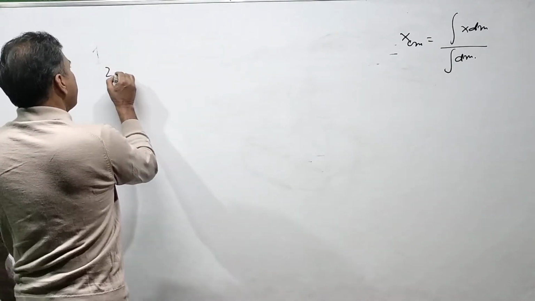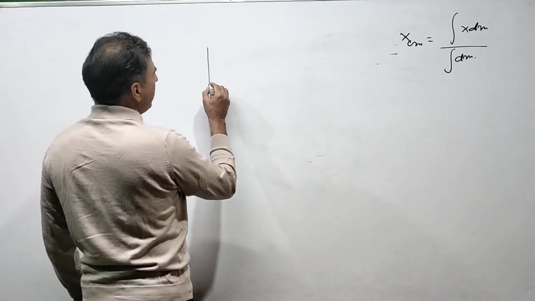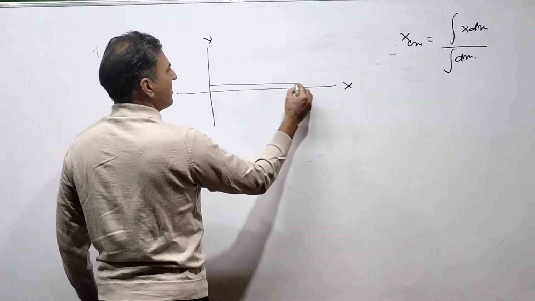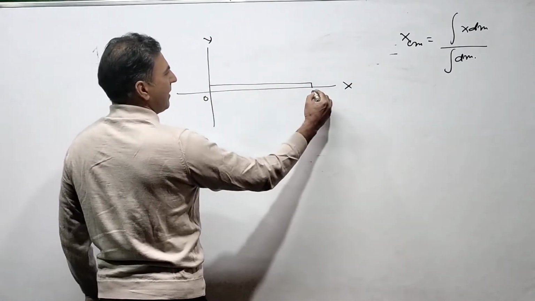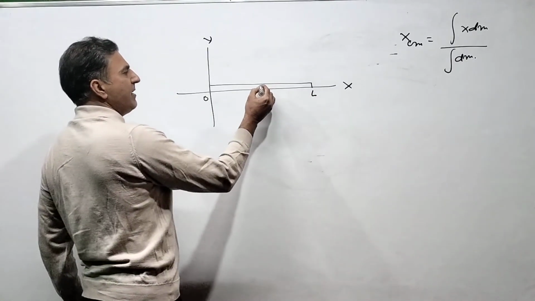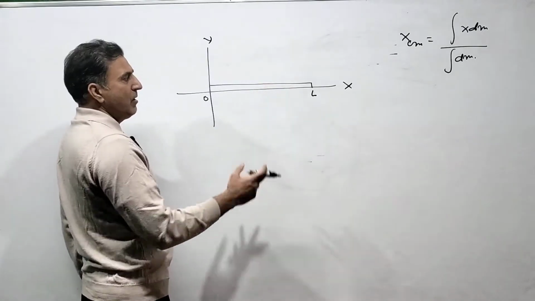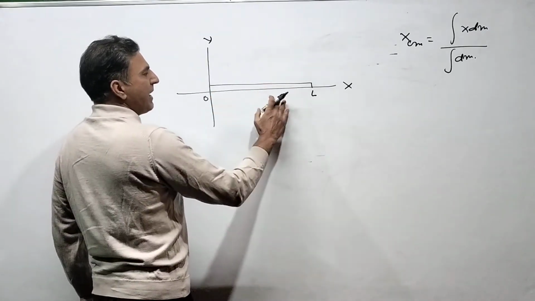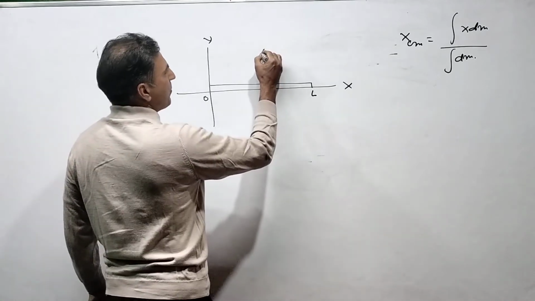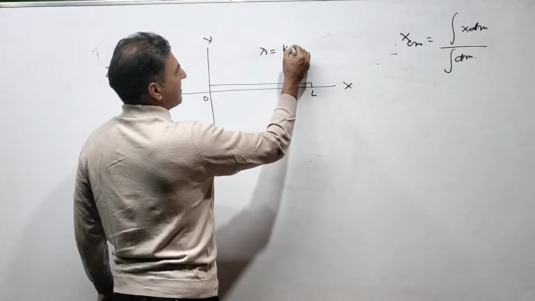Okay. Second, this is a rod, with an x coordinate and a y coordinate, and on this is a rod of length L. If I ask you where the center of mass is, your answer is at the center. That is what we know. But this rod's density is not uniform. Its density, let me suppose lambda, is kx.